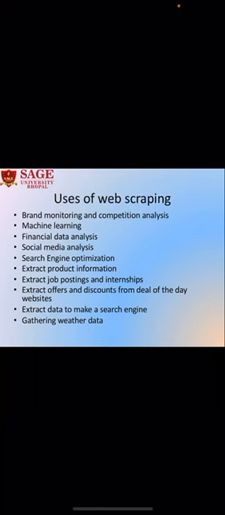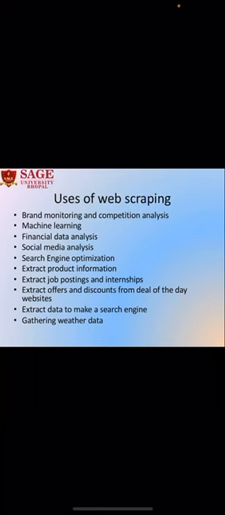Then search engine optimization is the optimization of the visibility and ranking of a website among different search engines like Google, Yahoo, Bing. Web scraping is widely used by SEO tools like SEMrush, Majestic, etc. to tell businesses how they rank for search keywords that matter to them.